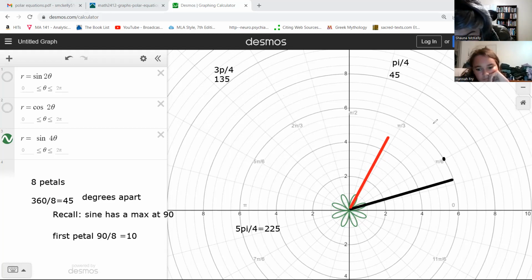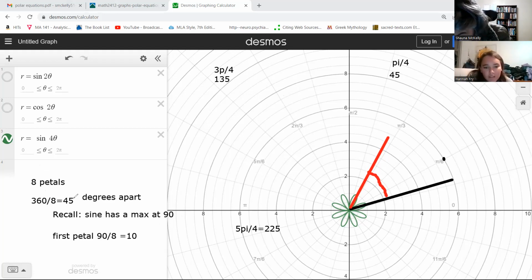Okay, cursor flew away from me. Oh, Cursorville, there it is. All right, so this angle here is going to be about 45 degrees. 45 degrees, okay?